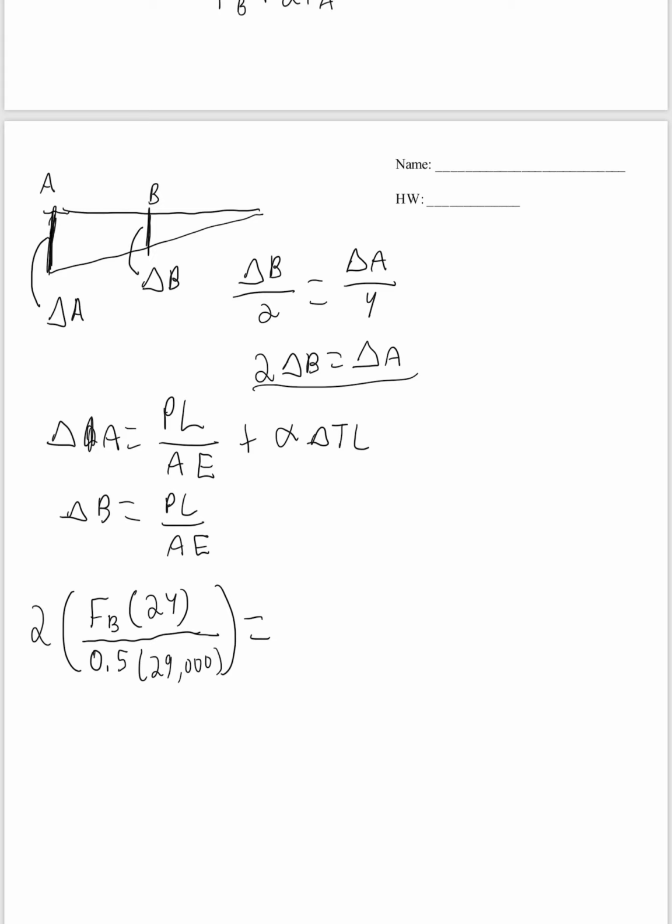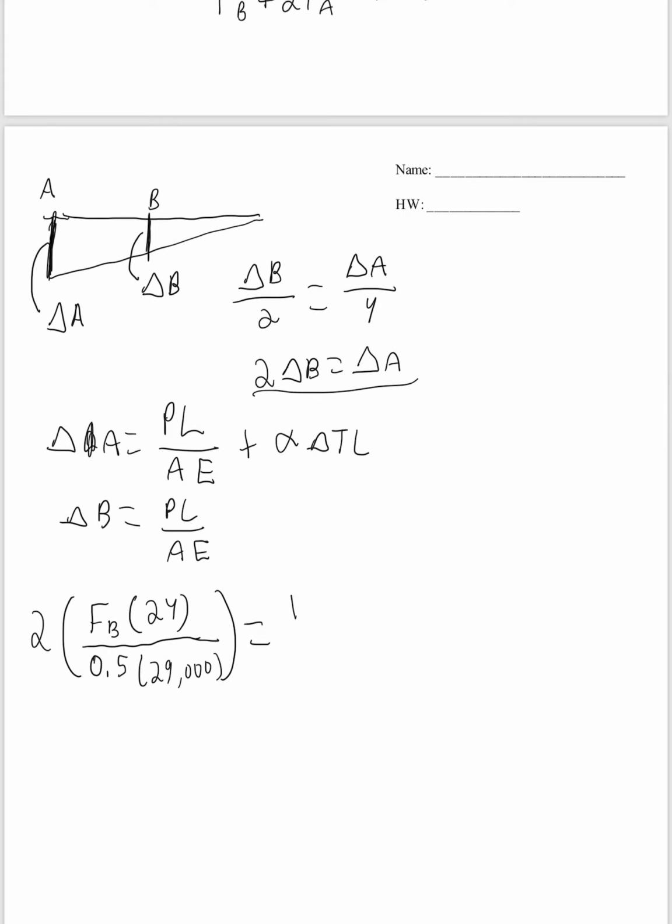So the PL over AE for that, we have force A. It is 3 feet long, so 36 inches. We're given an area of 0.25 inches squared, and the modulus is 17,400 KSI.